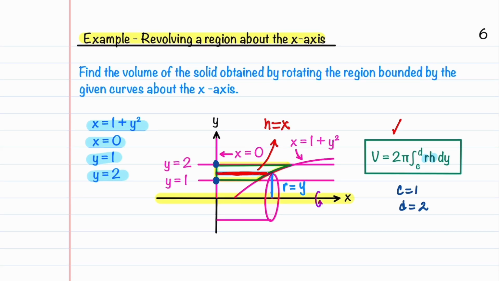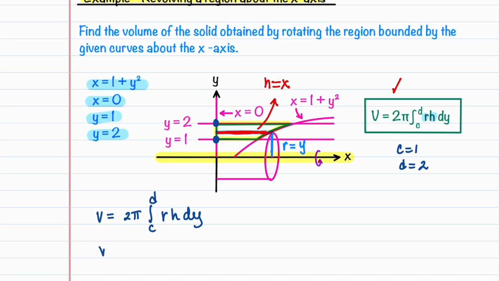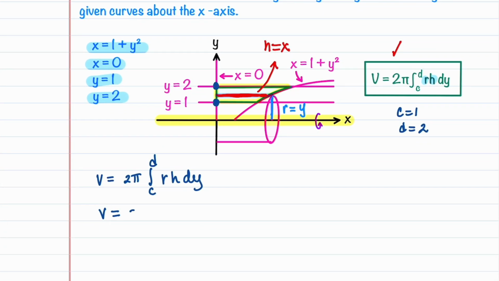Now we can go ahead and write down our formula. I'm going to write the general formula first. This is 2 pi, the integral from c to d of r h dy. Now we can substitute in what c and d are. C is 1, d is 2. Our radius, let me highlight this so you can see it, is equal to y. And then our height is equal to x.